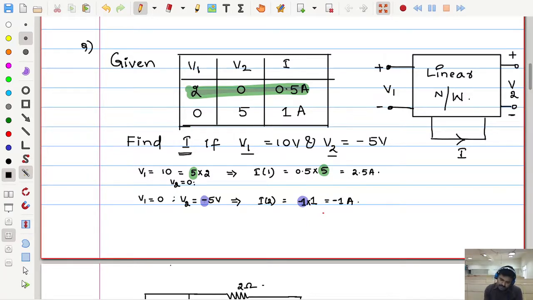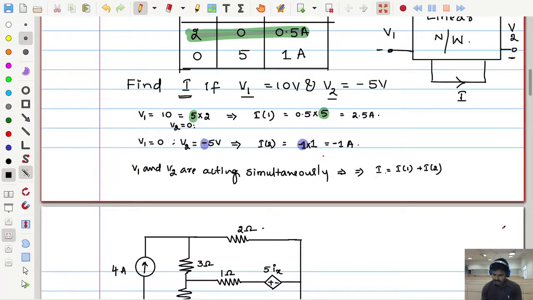Now according to the superposition principle, when V1 and V2 are acting together or simultaneously, the response is the sum of the responses caused by individual sources. So how much is that?